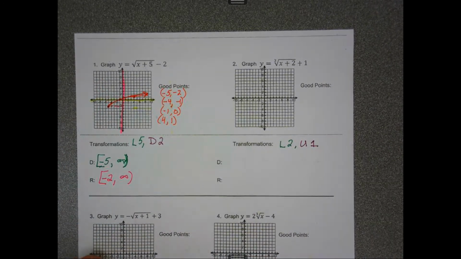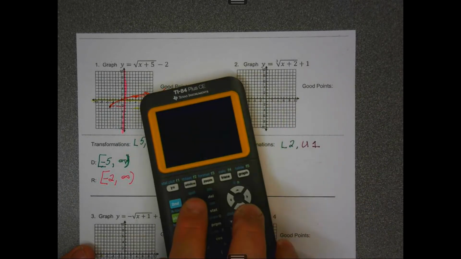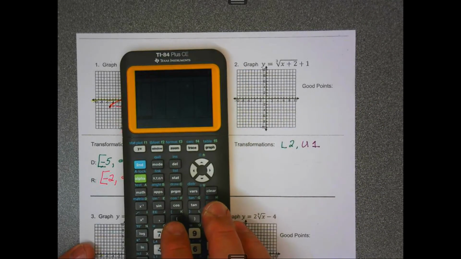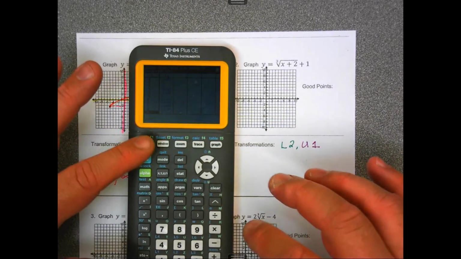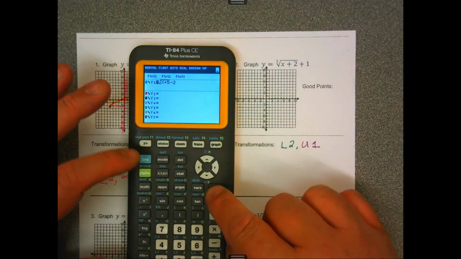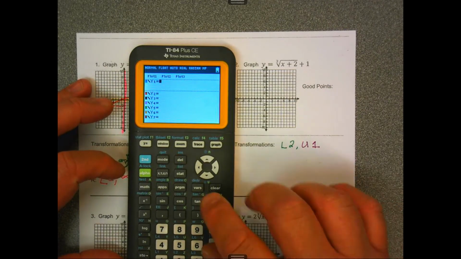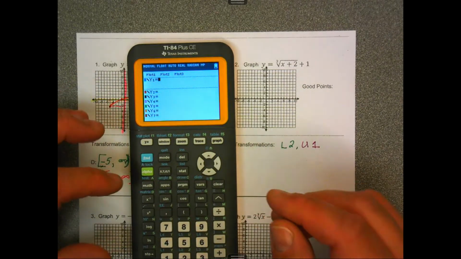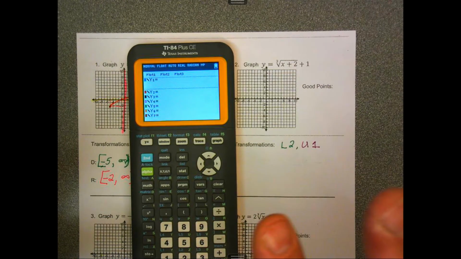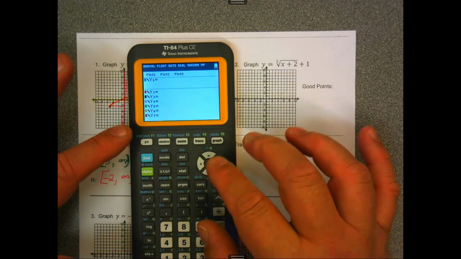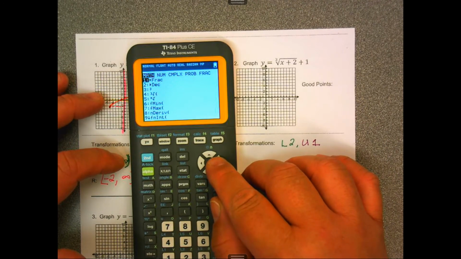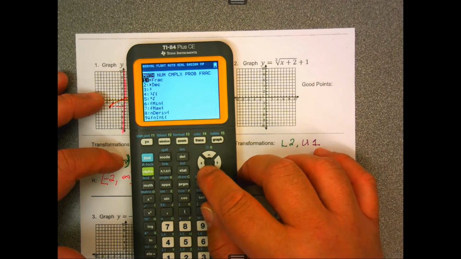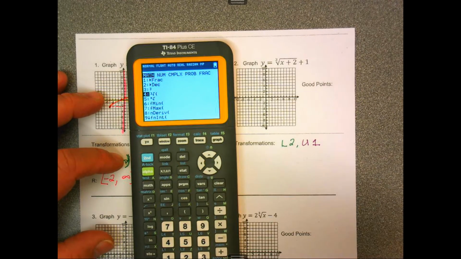Okay, this one I'm going to go ahead and do on the calculator. So many of us don't work with perfect cubes, and sometimes it's a little hard. Now I've got to remember what the perfect cube... I think you go to the math key, number, no, there it is, number 4, cube root.